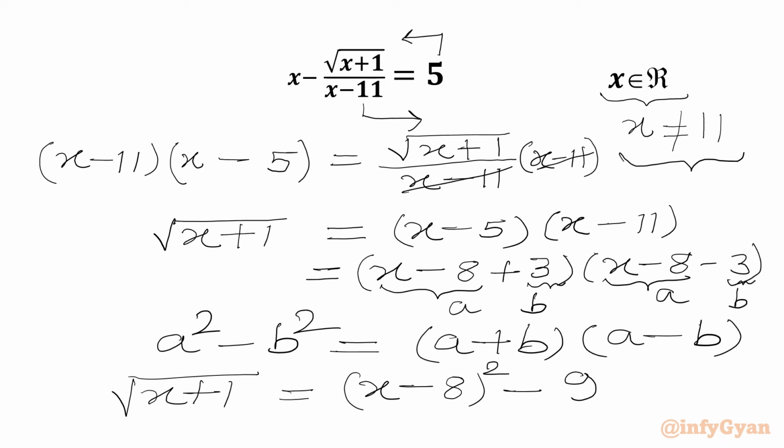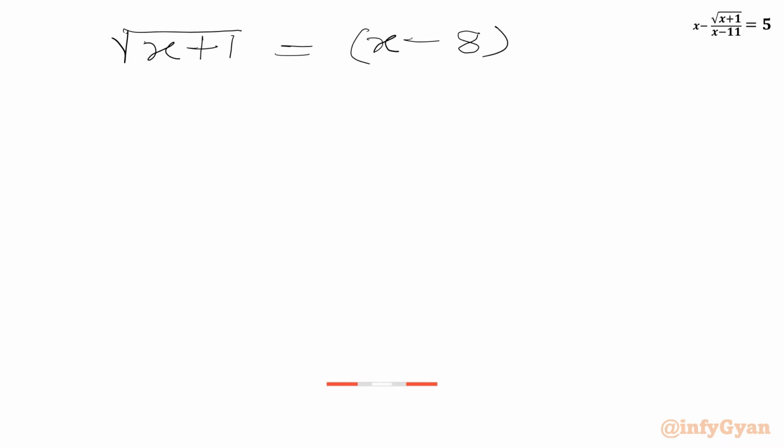Now we will write our equation here: square root of (x plus 1) equal to (x minus 8) whole square minus 3 square, which is 9. Now LHS is square root of (x plus 1). We can write x minus 8, then we have to write plus 9.